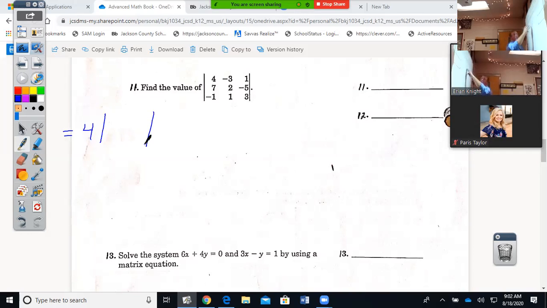Okay, so if it's -3, it's going to be what? +3, and then finally +1. So you're just pulling all of the top numbers, just the top row. This one, and this one. And again, always do the opposite of that middle one. If it's positive, it's negative. If it's negative, it's positive.